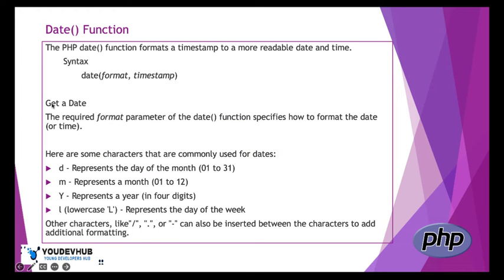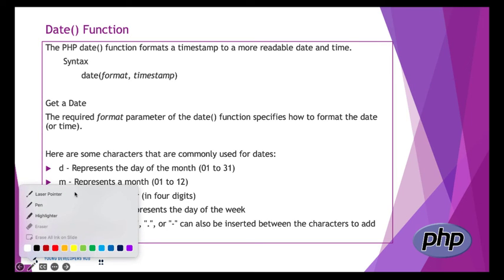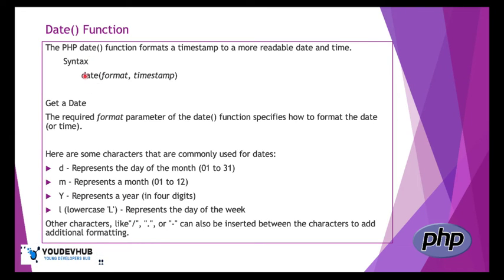Now to get a date, the required format parameter of the date function specifies how to format the date or time. The syntax is the date function, the format you want to display, and the timestamp, like I showed you just now. Here are some characters commonly used for date.